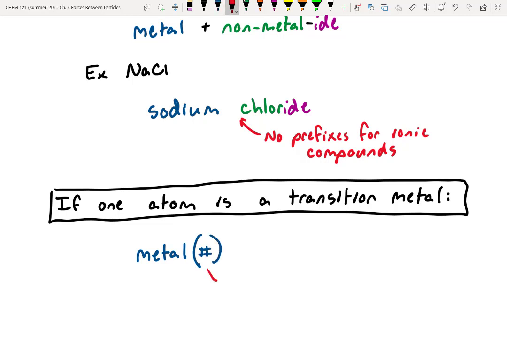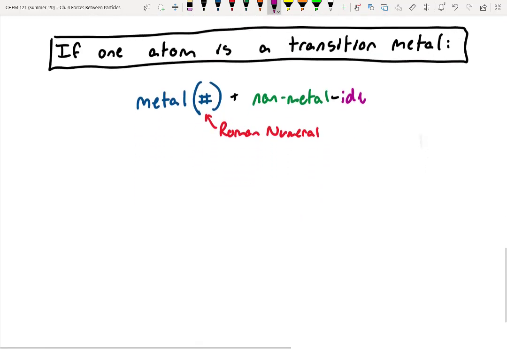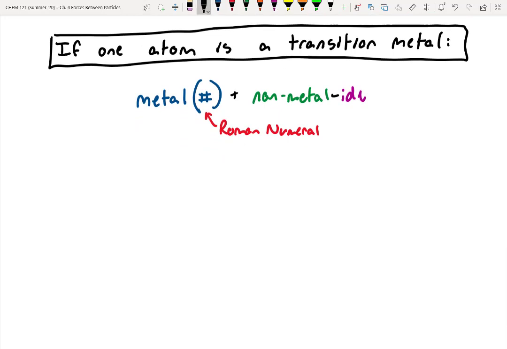And this number is going to be a Roman numeral, not just a number. And then we do our nonmetal. And then we follow it up with our IDE suffix. Okay, so this is going to be a little bit different, but let's do an example just for practice. And in this example, we're going to deal with copper chloride.